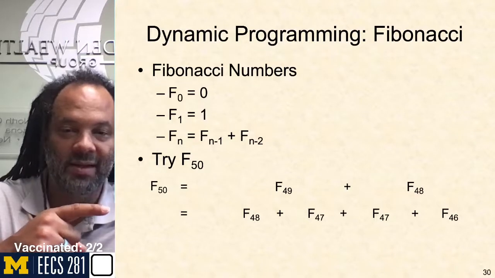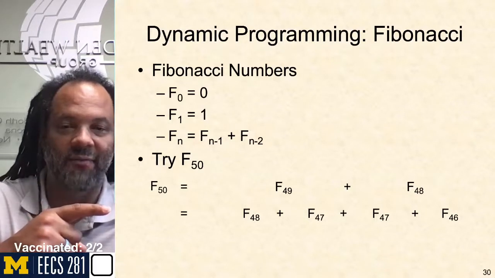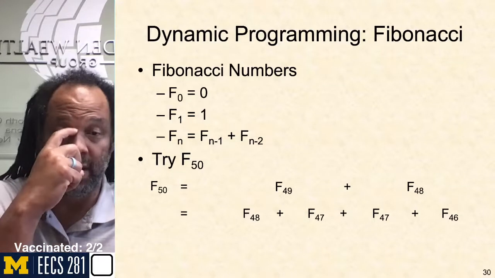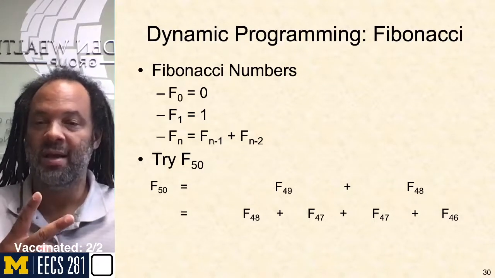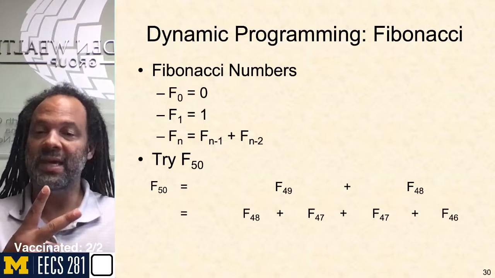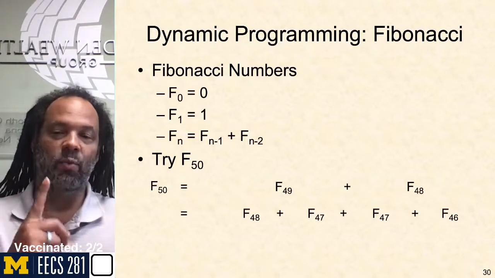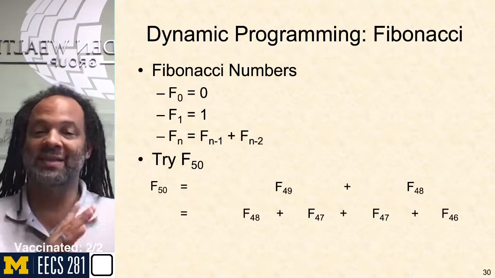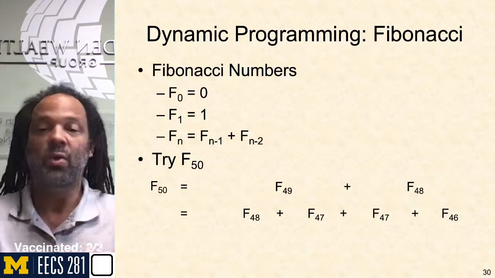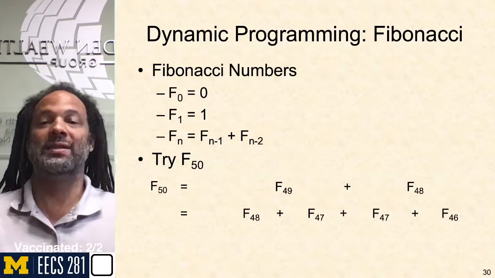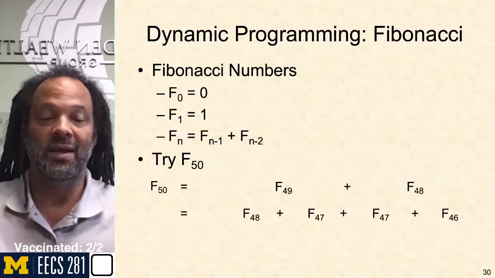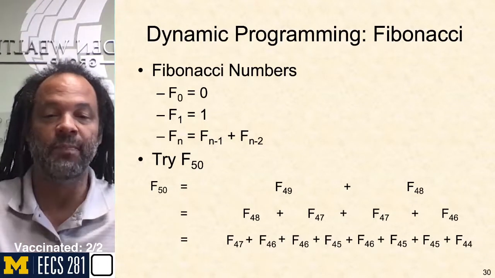Look at that. I've got fib 48 calculated once. Then I had to calculate fib of 47 twice. But DP would say, hey, we'll calculate it once and write it down. And the next time somebody asks for fib 47, we'll just go look it up. And I can do that in a constant amount of time rather than what it's going to take me to get this done here, right? Because I keep going down the tree here.